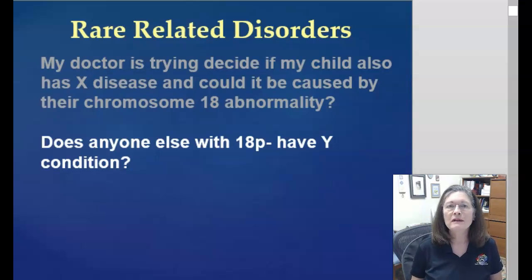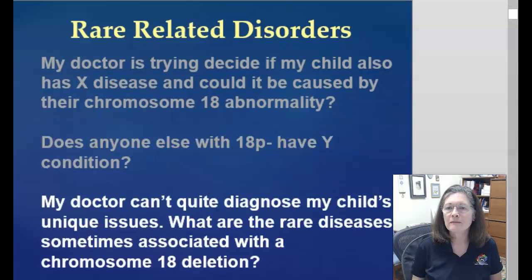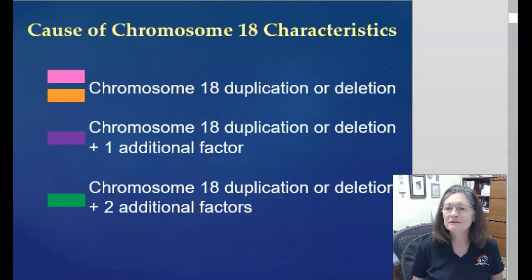And so even though it might be ultra rare, we want to be able to try to answer that for them. Or also, my doctor can't quite diagnose what's going on with my child. And so what are the other rare diseases that might be associated with chromosome 18 that would have some of the same symptoms that my child is having? This would help my doctor nail down exactly what's going on. So this is why we keep track of the rare, very rare conditions.